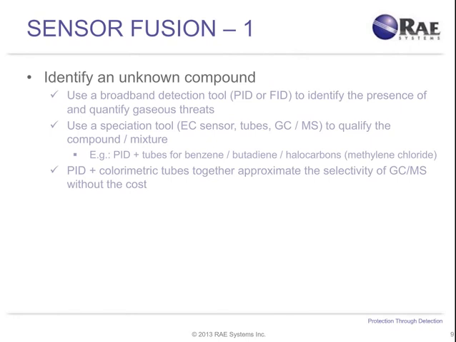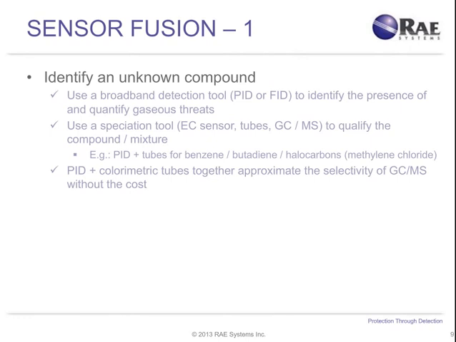Now, you can use a broadband detection tool to determine that something is there in a certain concentration, and then you can use a speciation tool, a tool that is capable of detecting a chemical in a specific fashion. Not just say there is something in the atmosphere, but tell exactly what's in the atmosphere.